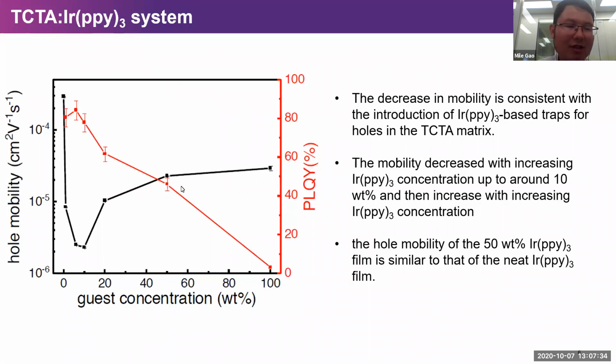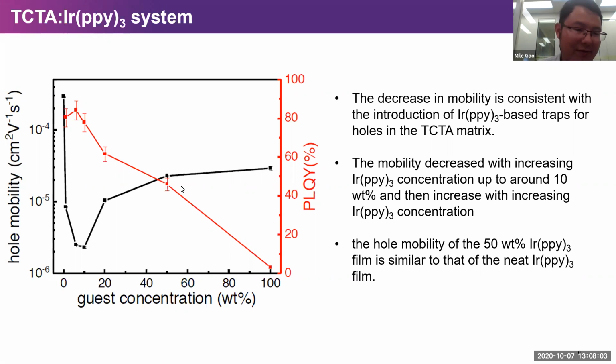We can see that with just the 1 weight % doping of RP, the mobility decreased more than 1 order of magnitude. This decrease in mobility is consistent with the introduction of RP-based traps for holes in the TCTA. And then it continued to decrease along with more RP being doped in.